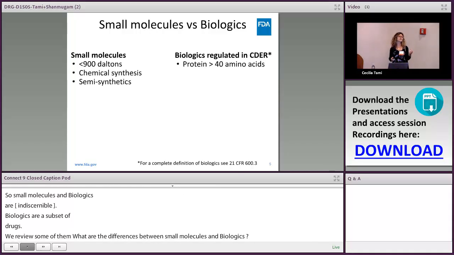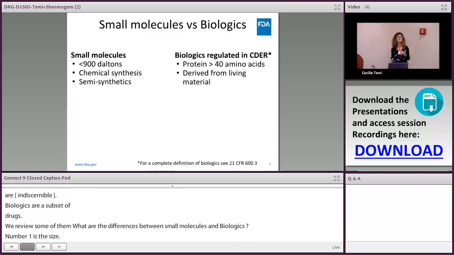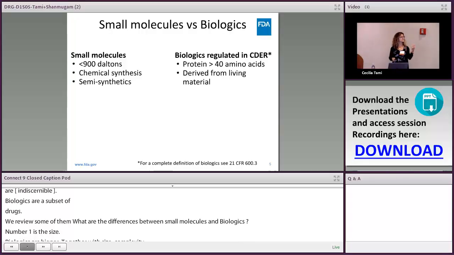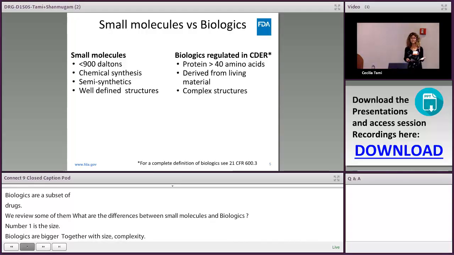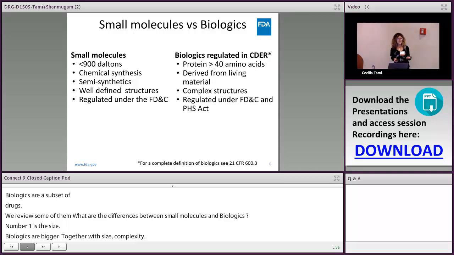Together with the size comes the complexity. Generally, biologics are more complex and manufactured in living material, while small molecules are synthetic or semi-synthetic. The structure is more complex for biologics. It's better defined in small molecules. Both small molecules and biologics are regulated under the Food, Drug, and Cosmetic Act, but biologics are also licensed through the PHS Act.